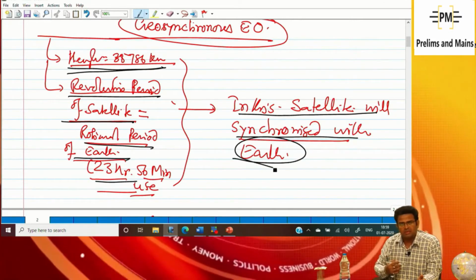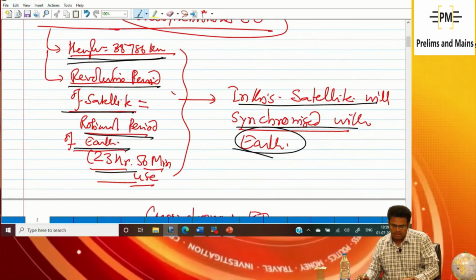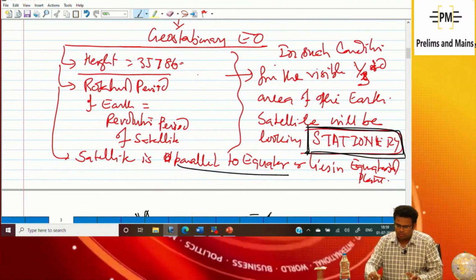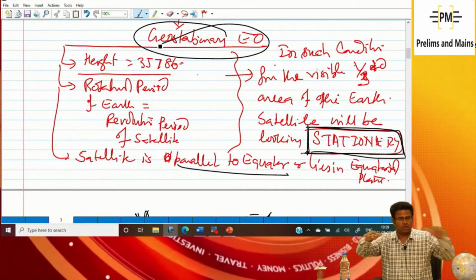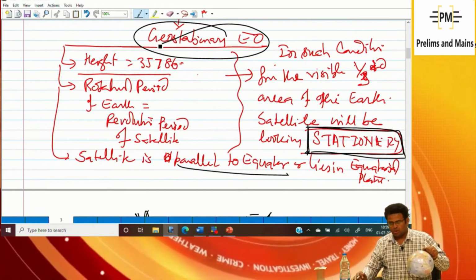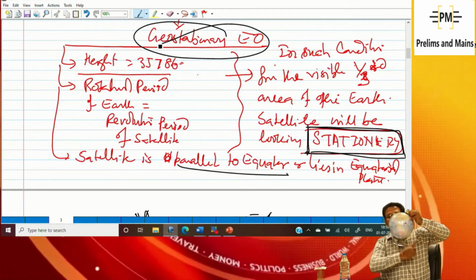That means it is geosynchronous. But when it is above the equatorial plane, parallel to the equatorial plane, the name becomes geostationary Earth orbit. It is moving parallel to the equator.